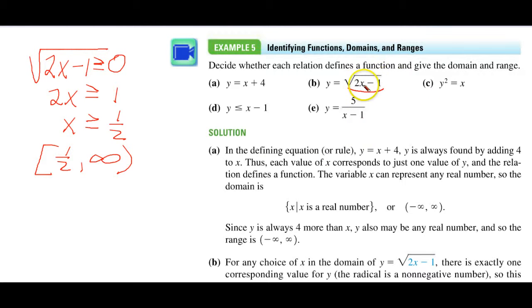And how did we find it? Well, we found it by saying you can't have a negative value under here. We set it greater than or equal to 0. That would be our lowest number we could have. And we saw what would make that. And there's our item right there. And they're going to tell us about that too. So let's go on.